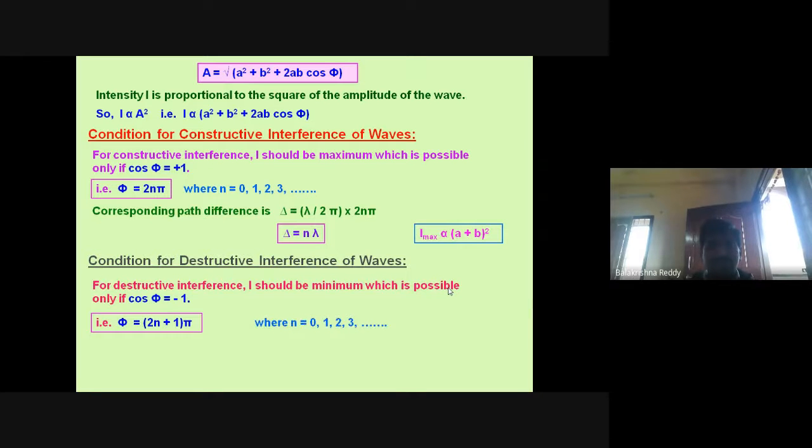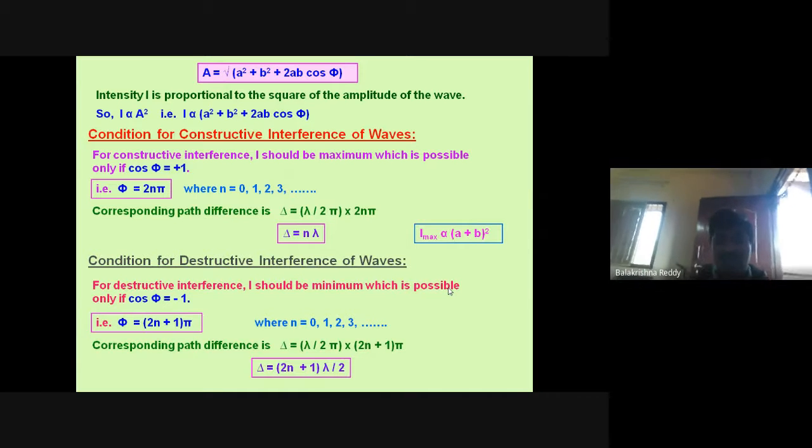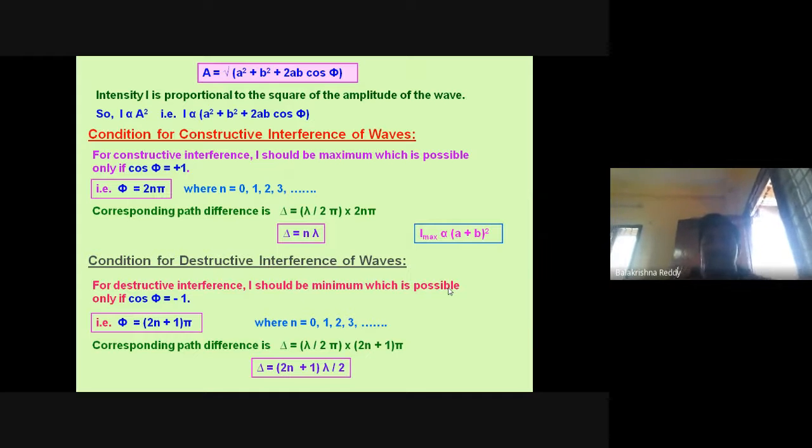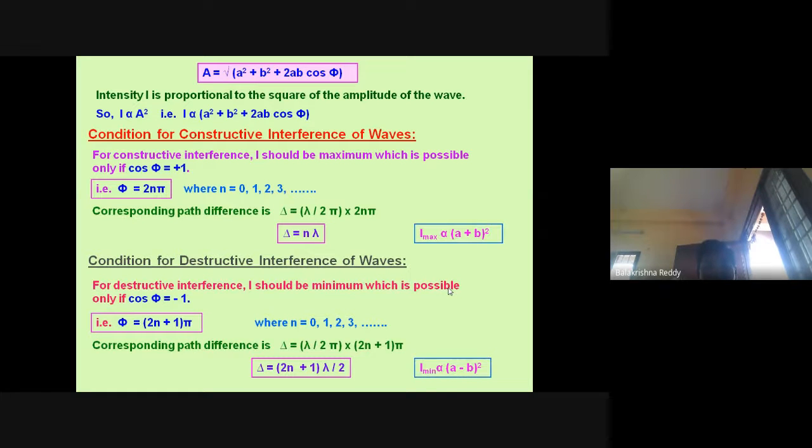Whereas for destructive interference, the path difference is (2n plus 1) times lambda by 2. If you follow these two conditions in interference, then we obtain constructive with the n lambda condition and destructive with the (2n plus 1) lambda by 2 condition.